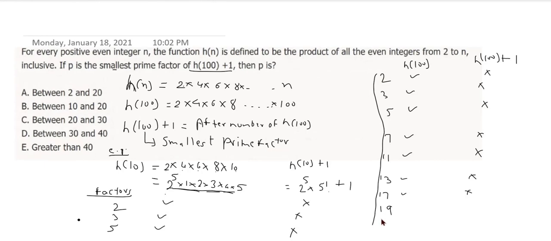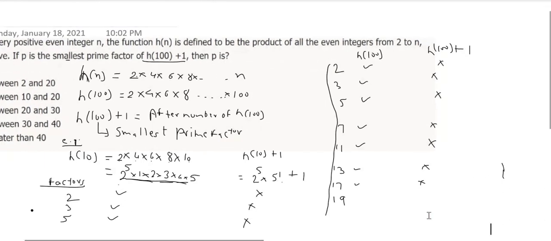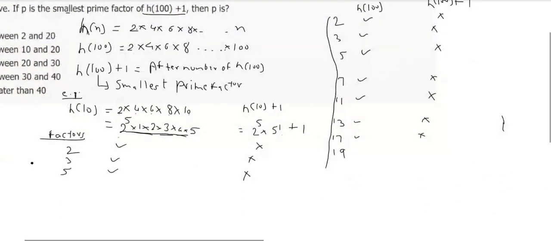Now I'm going a little fast. Same way for 19, and the same way for 23. The next prime is 29, because we have 58. And the next, 31. Again, we have 62 here, right?